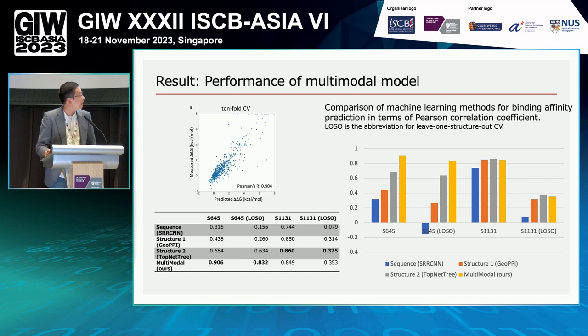Considering that the SKEMPI dataset is heterogeneous and contains different kinds of protein complexes, this suggests that predicting binding affinity across different protein families and interaction types is a quite difficult problem, as we only have limited data here. But considering downstream tasks such as protein design, a model that can work well on homogeneous data is very useful. So we consider our model as a powerful tool for protein design and other downstream tasks.